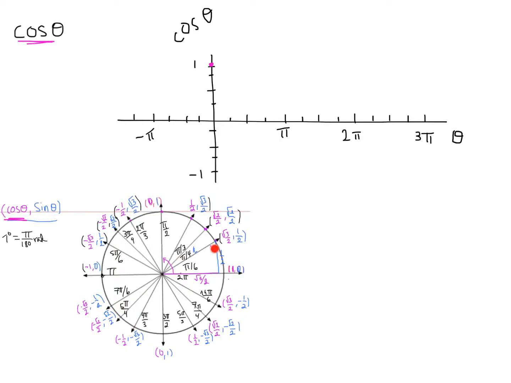So pi over 6, and I'm going to make a little table here just to help us out. When theta is pi over 6, we have square root of 3 over 2. I encourage you to figure out what that is. Square root of 3 over 2 is about 0.866. And pi over 6, think about it. Here's pi, so if I split it into 6, this is half, and each half has 3 pieces: 1/3, 2/3, 3/3.